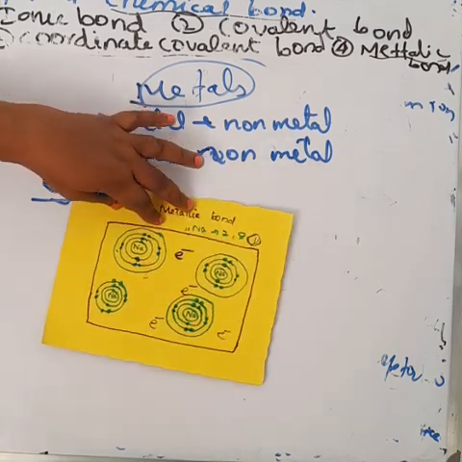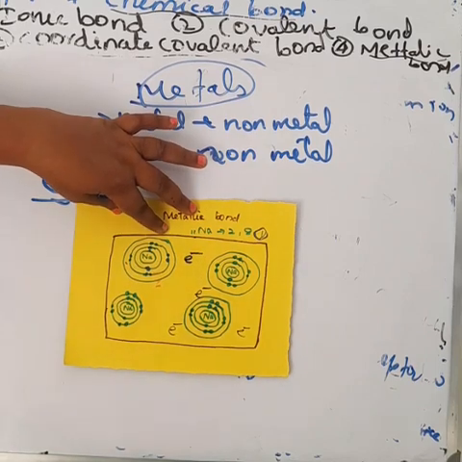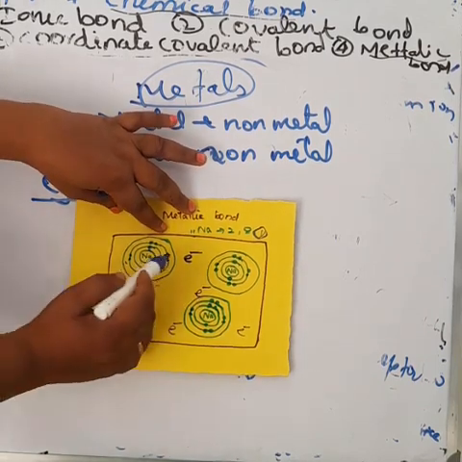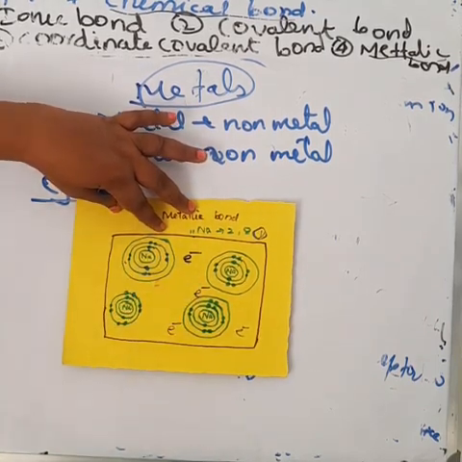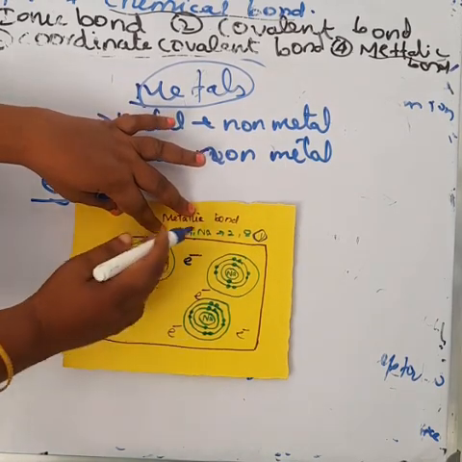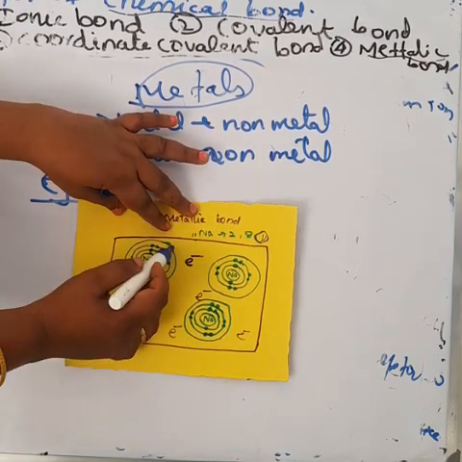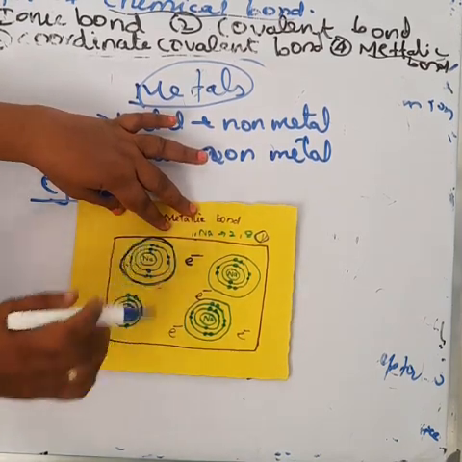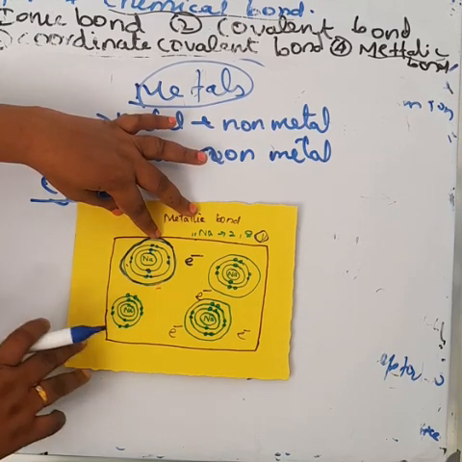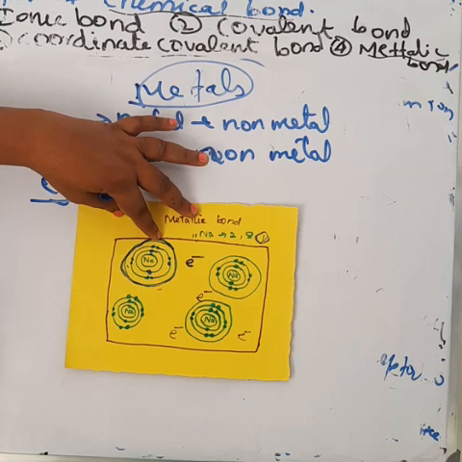But this 1 electron comes out from the outermost orbit and it moves freely. The last orbit does not have electrons in the sodium crystal lattice. In metallic bonds, the valence electrons of the interacting metal atoms are delocalized.